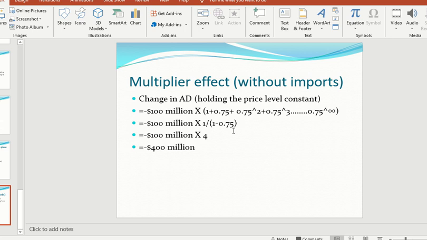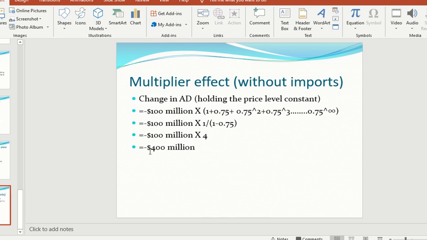That makes our life much easier. I don't need you to understand this, but I would like you to understand the intuition underlying the multiplier effect. What is more important is this one, 1 over 1 minus 0.75. That will give us 4.